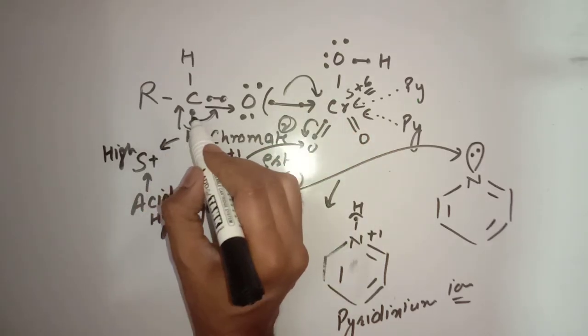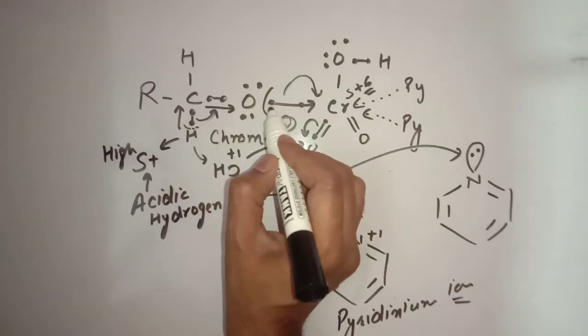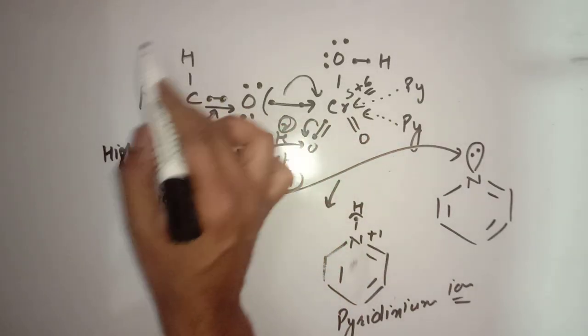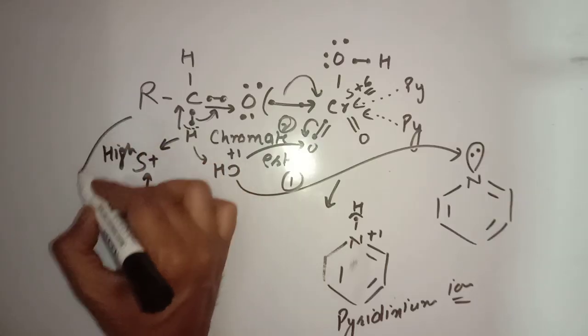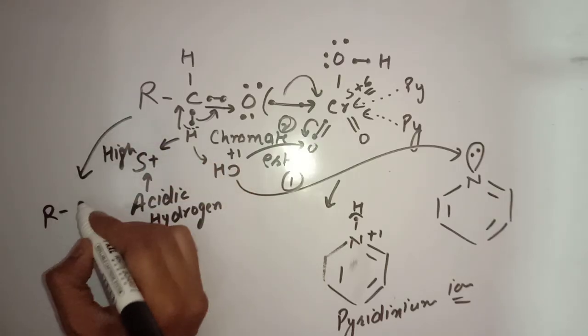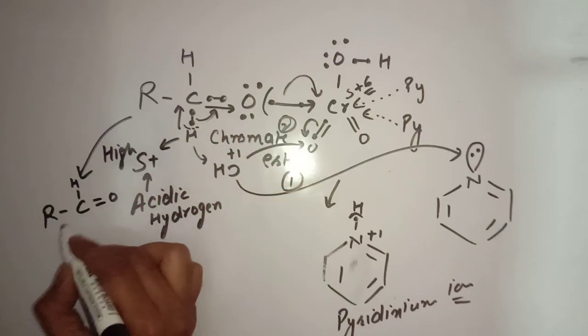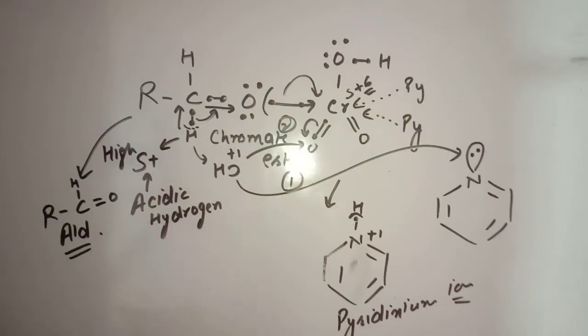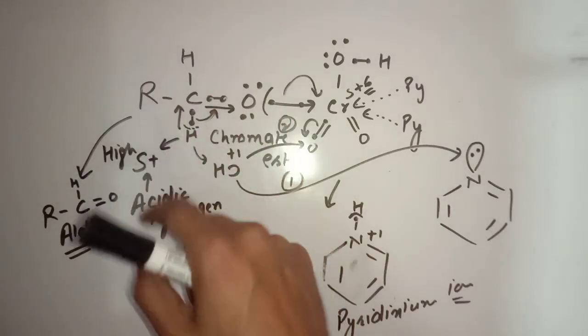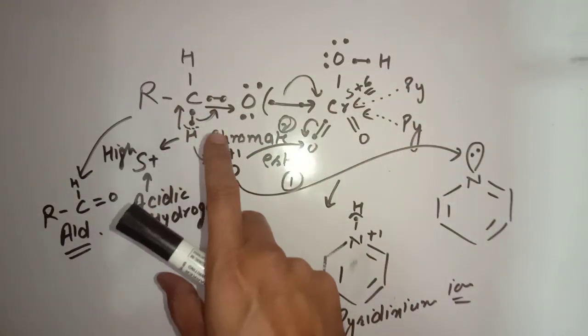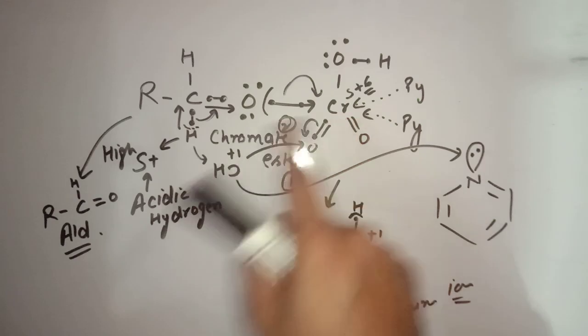Reason? Because electrons are coming from here, they will repel these electrons. So please focus on this part. What will this part become? It will become R-CH, and here a double bond will generate with O, an aldehyde. In this fashion this chromate ester will be converted to an aldehyde. What about this part?